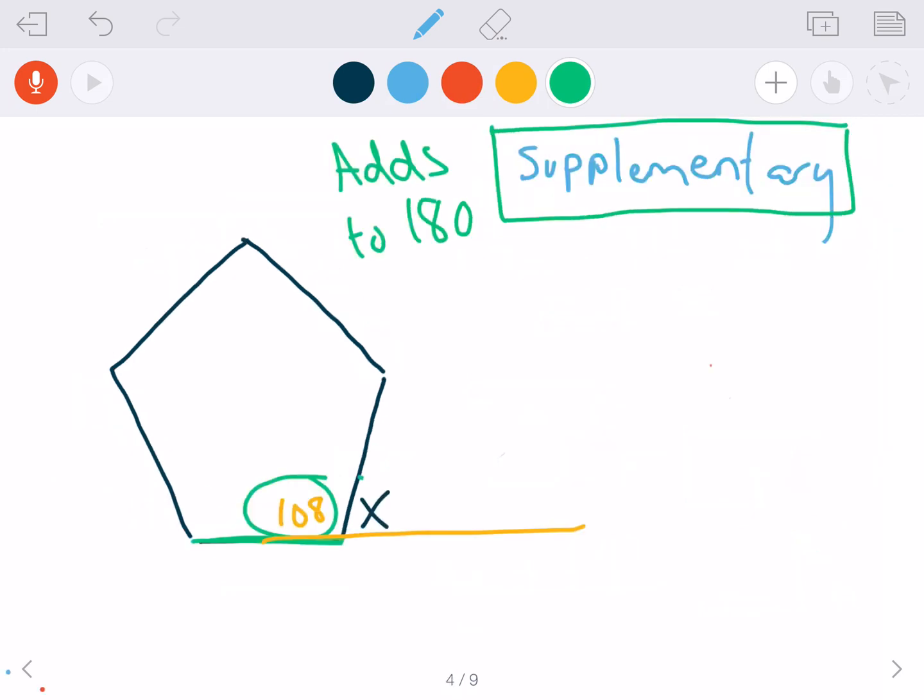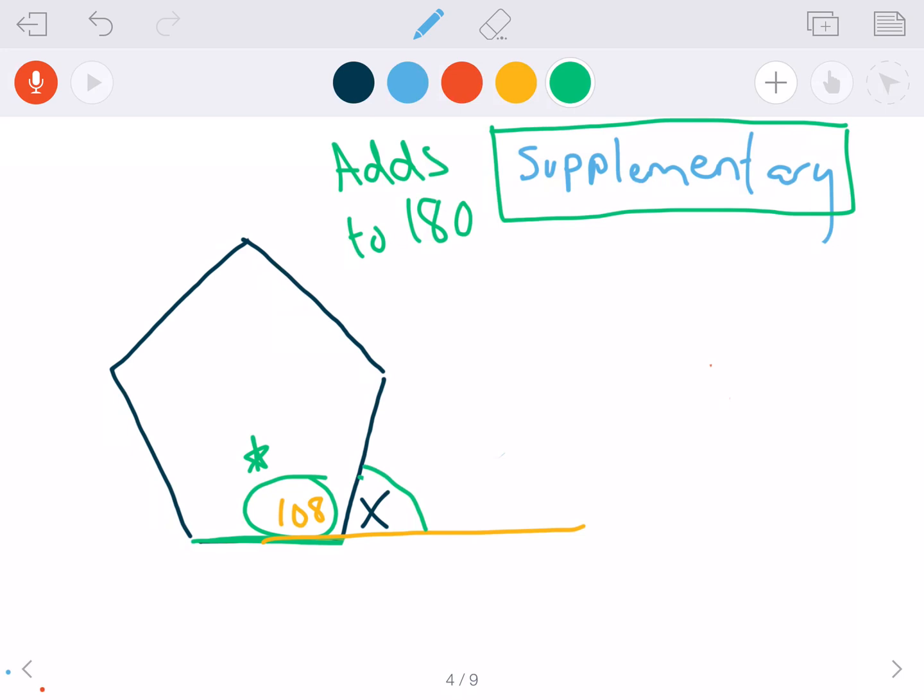That's going to bring us to interior and exterior angles. To kind of save time, I used the same shape we just did. So I know, because I just figured this out, that one interior angle of a regular pentagon is 108 degrees. So now I'm asking you, what is the measure of this exterior angle, which is the outside angle?